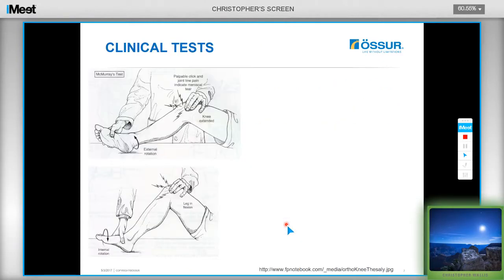A couple of clinical tests which are worth just touching on to help establish presence of a meniscal injury. So probably the most common one is this McMurray's test. So in this, we've got the patient supine, hip and knee bent. We're able to hold and stabilise the knee along the joint line, so we're able to palpate the joint line at the same time with the opposite hand, internally and externally rotating the tibia via the foot.